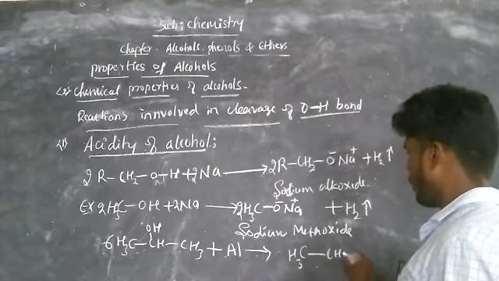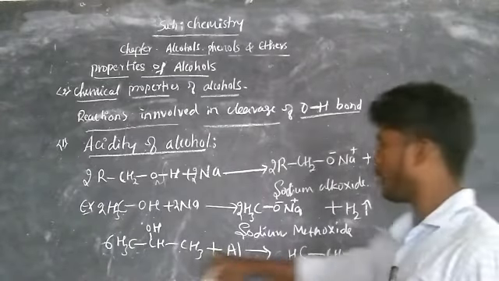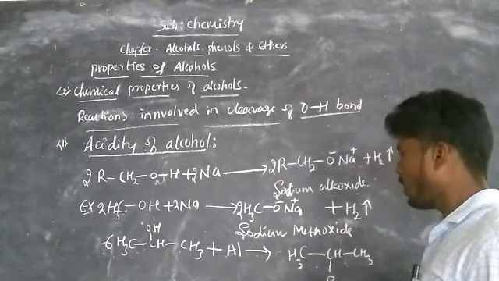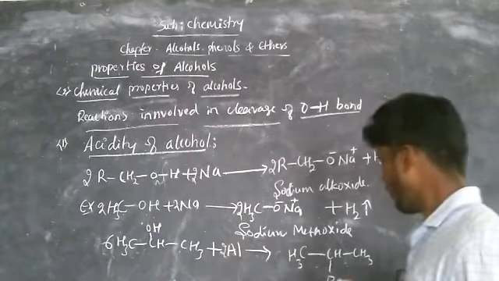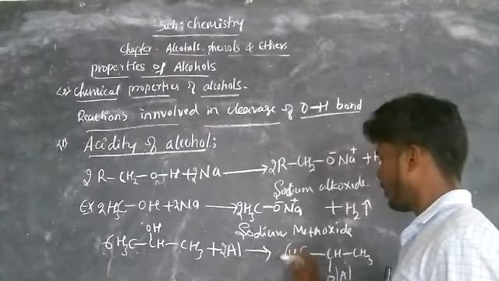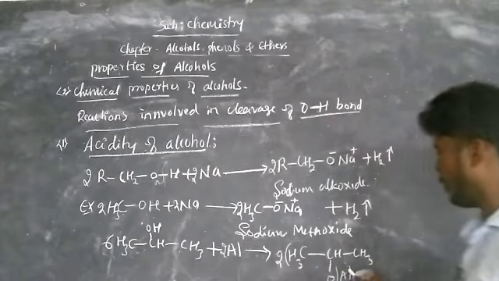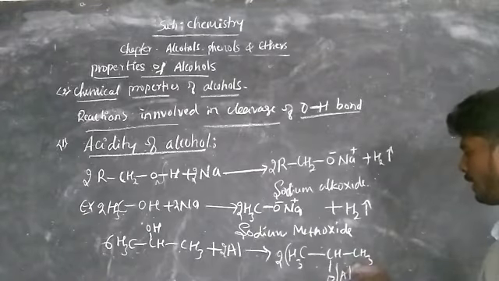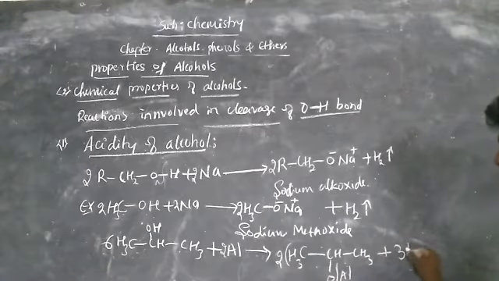It gives CH3 CH CH3. Here the O and aluminum bond is formed, right? Take two equivalents of aluminum Al, and here two aluminum, plus 3 equivalents of hydrogen gas.